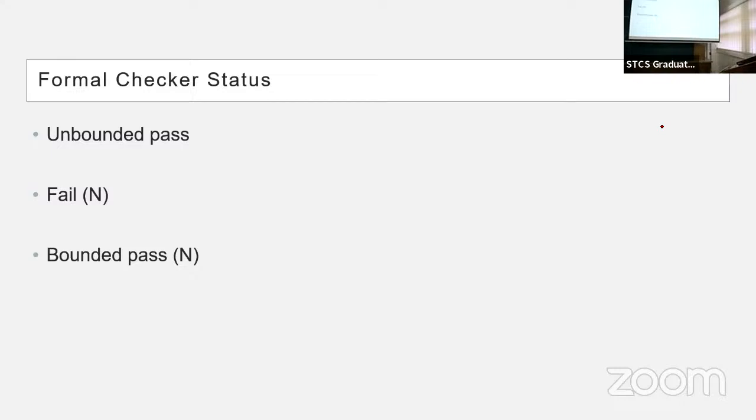If they are able to find some case where the design is not matching the expectation, then they give us a failure, which comes with a cycle number, let's say 10. That gives us the complete trace from the reset step to that 10th cycle.